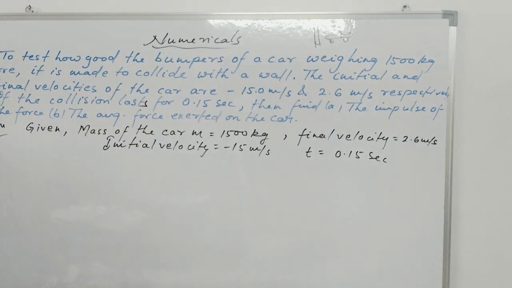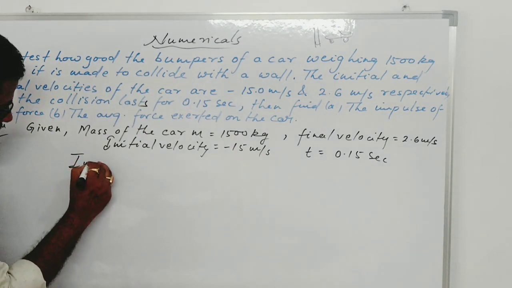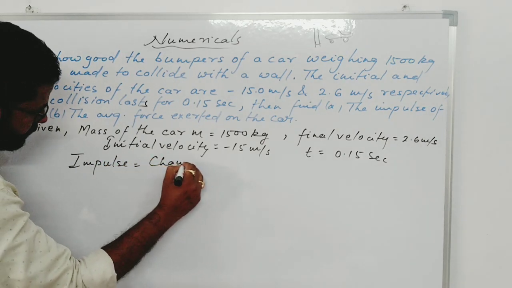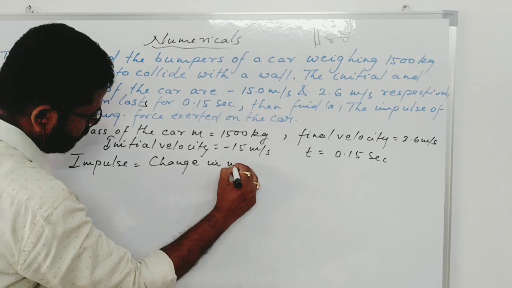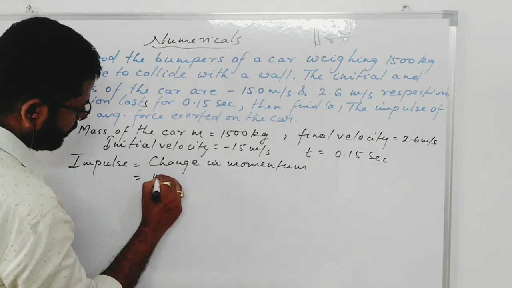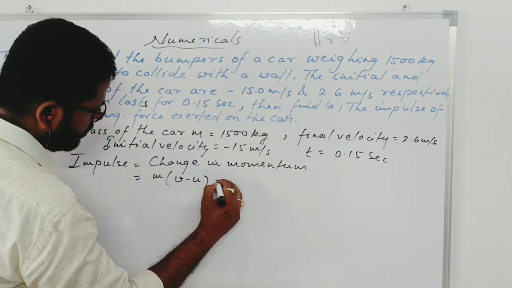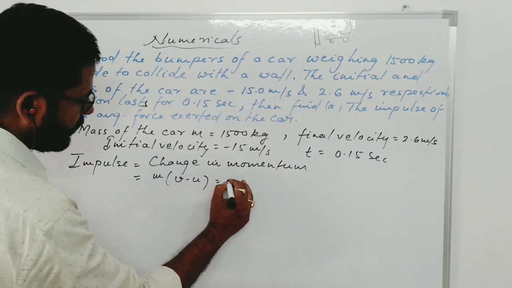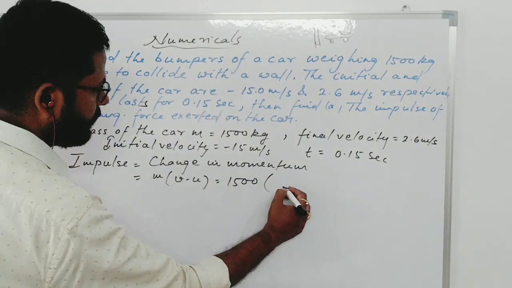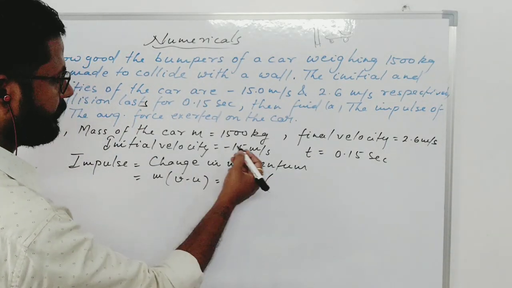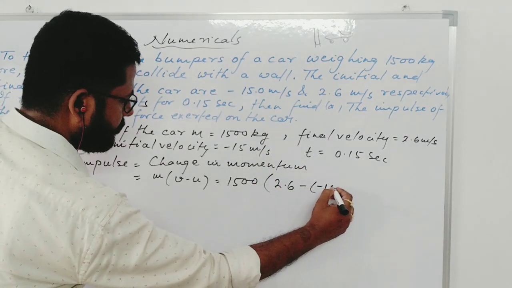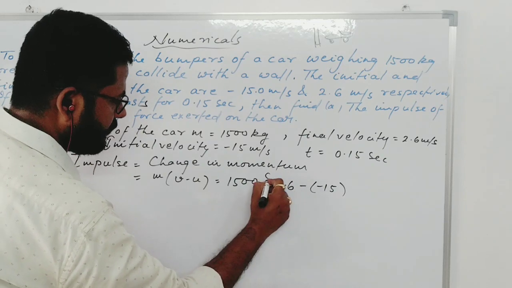We have to find impulse. Impulse is equal to change in momentum, and that is m(v minus u). Mass is 1500 kg into v, means final velocity 2.6 minus 15 meter per second.